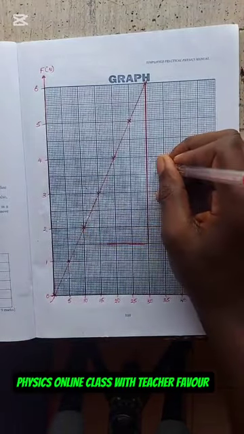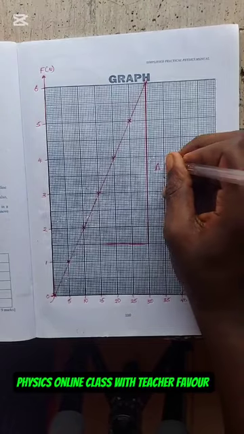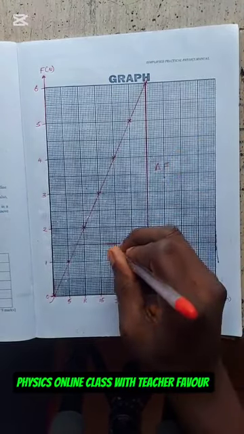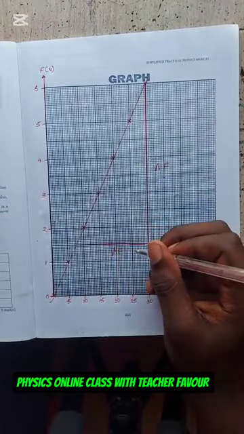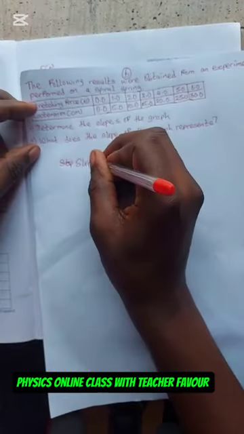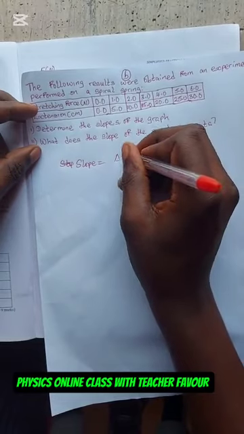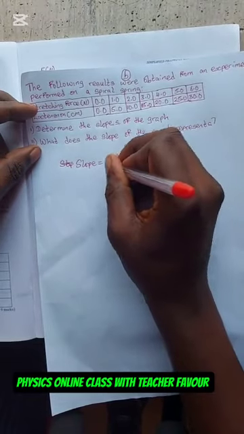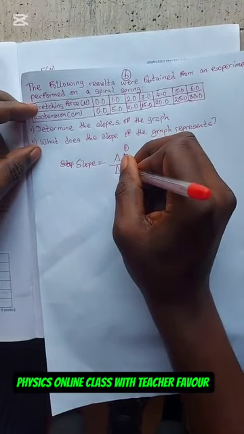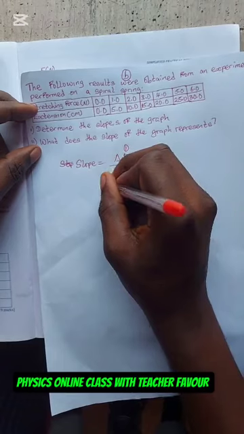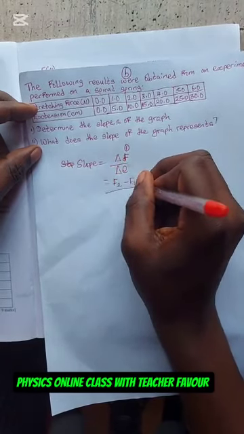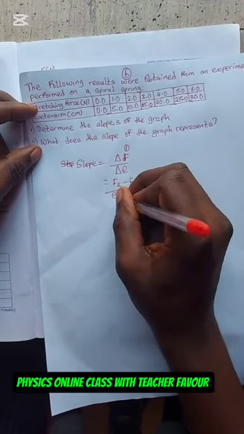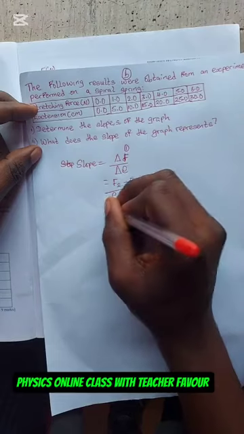Then I'll come here and write change in force, change in extension. So let's calculate the slope. Slope will be equal to change in F over change in E. That is F2 minus F1 all over E2 minus E1.